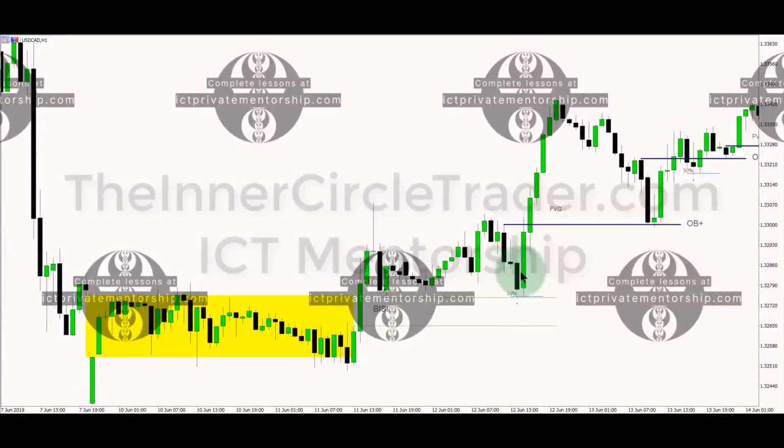Price creates a rundown into this BISI, and this is the actual low, that candle, and I have a Fibonacci just laid over top of that to delineate the central portion, or consequent encroachment of that gap. Every wick is a gap, just like this is a gap here. Okay, this right here is a gap.